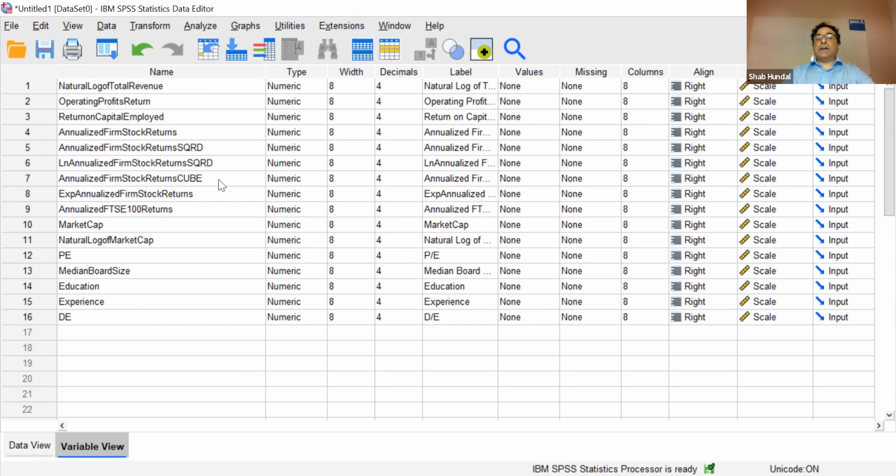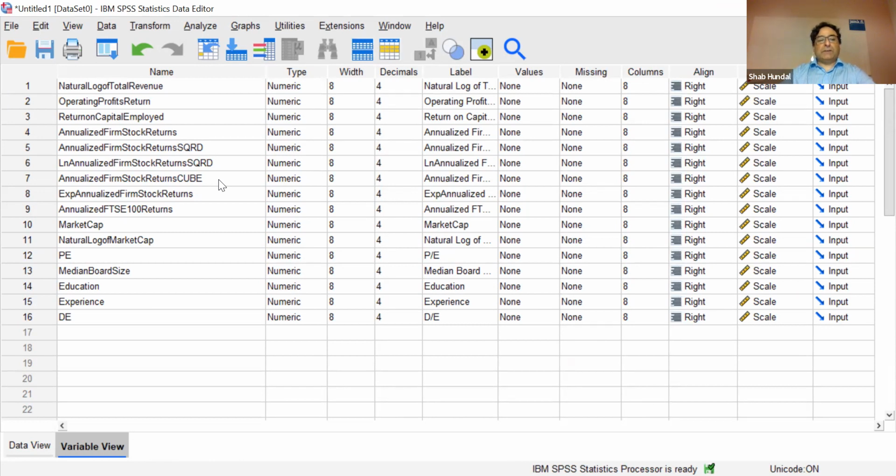I didn't come across any problem in this case, but the message I'm trying to give you is that if you look at the rows 4, 5, 6, 7, 8, you can describe, or you can transform the variable into various forms. There's no guarantee always that if you have the variable in the linear form, it would work.